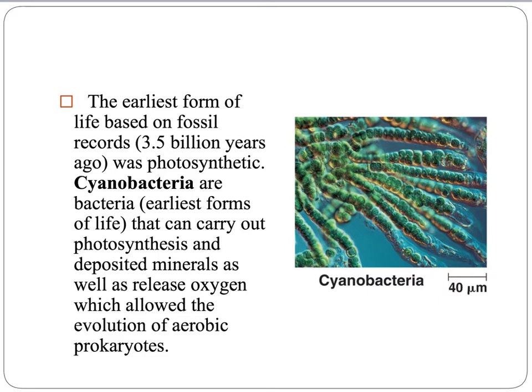Okay, so the earliest form of life on Earth was called cyanobacteria. I don't have this on your notes, but you should write it down somewhere on your paper. Cyanobacteria are the earliest forms of life. Write that down, that exact thing that I just told you.